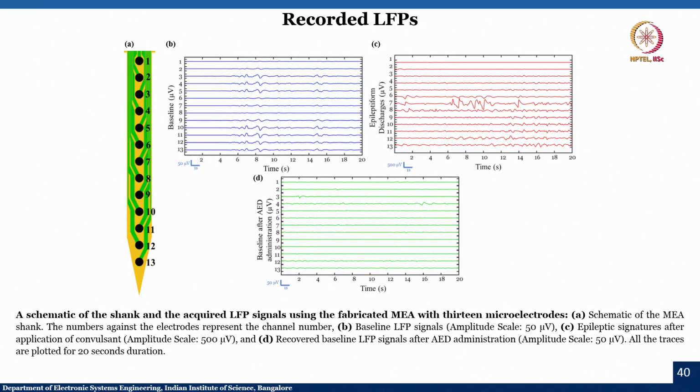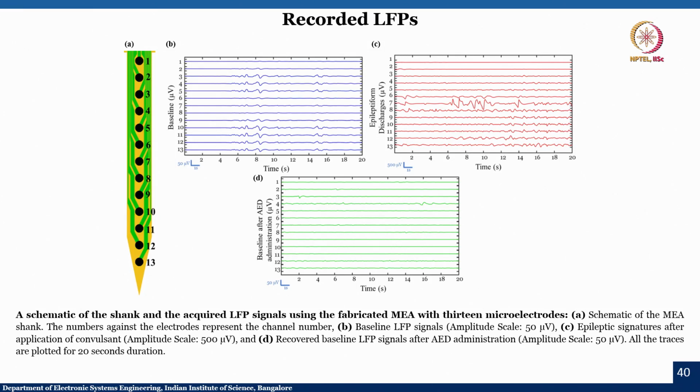So, when you record the local field potentials, how will it look? You can see that the recorded channels are 13. With respect to the channel, we keep on recording the signals. The y axis is baseline in microvolts, along with the number of channels, and on the x axis you have time, for 20 seconds.